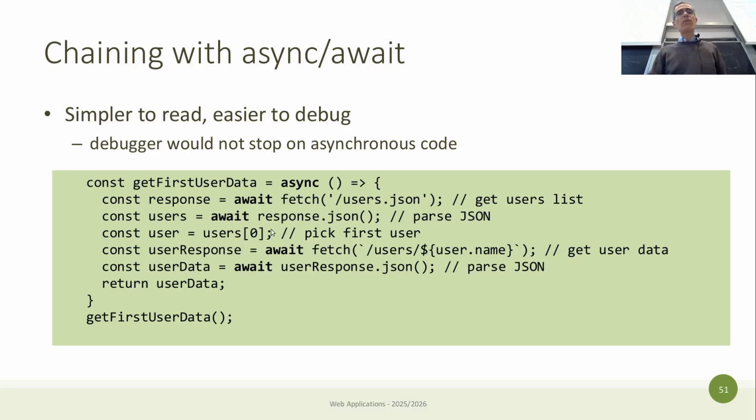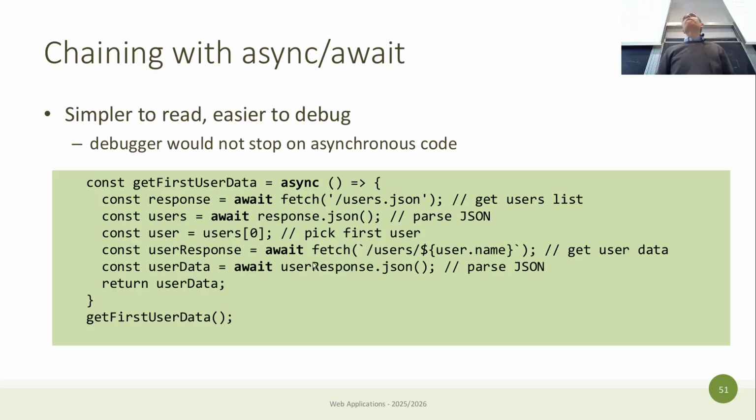Object, array, whatever it is. And then it's a normal variable. You can do whatever you want depending on your code, like access, in this case it's an array, I think, the first element and use this first element inside another fetch and so on.